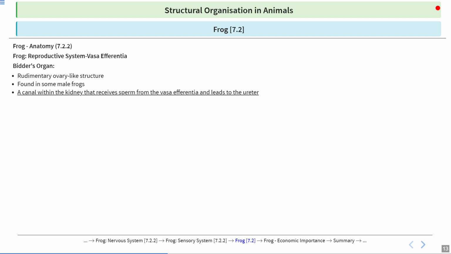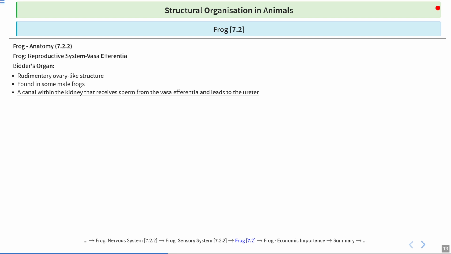So that is why the sperm that is produced in the testes has to pass inside the kidney, so that they can get their way to the ureter, and from the cloacal aperture they can pass through and come out to the outer end, right?